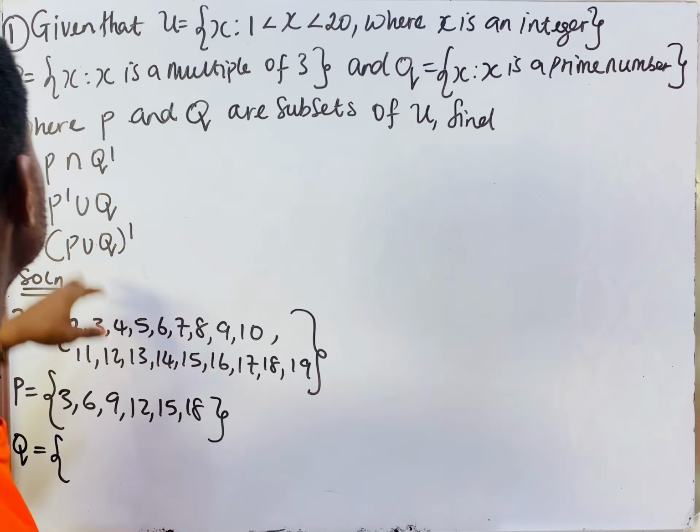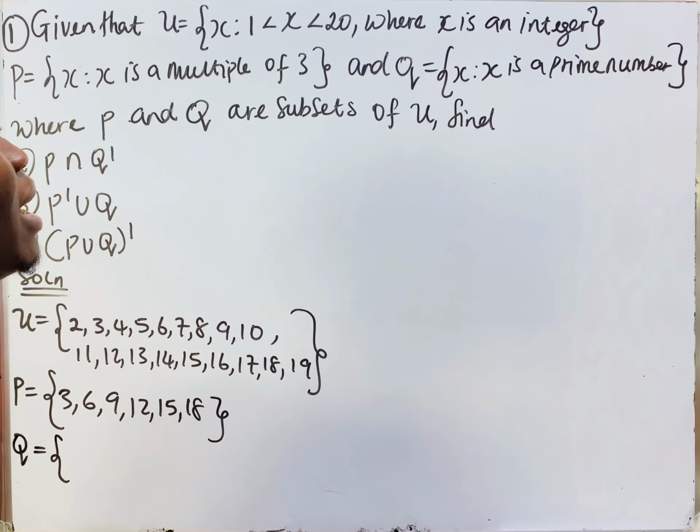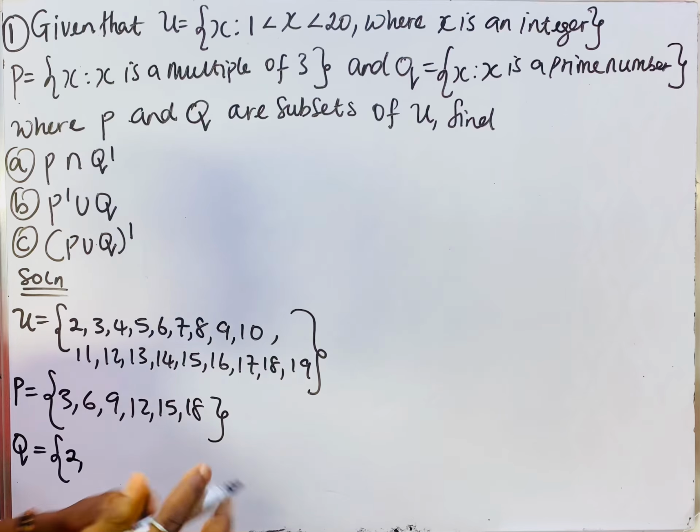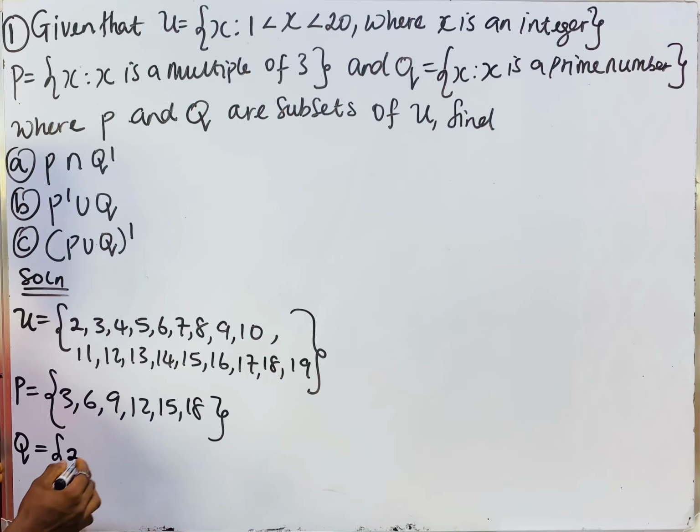Now, our Q is what? What did they say? Q is a prime number. So all the prime numbers, we are going to list all the prime numbers that will not pass 19. So you know that prime numbers start from where? 2. Those numbers that have only 2 factors. We have 2, right?